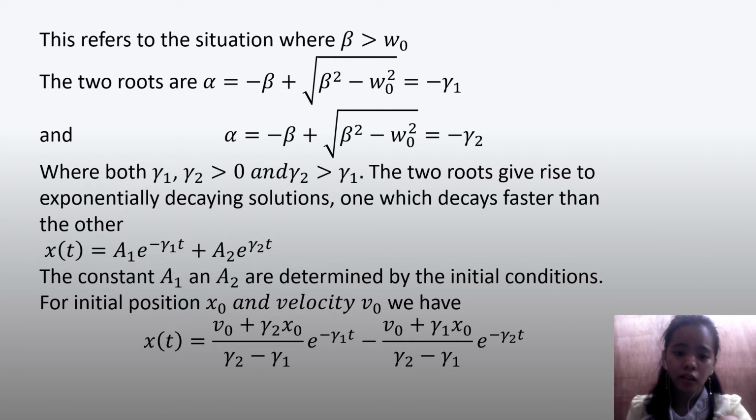In x(t), the constants A1 and A2 are determined by the initial conditions for initial position x0 and velocity v0.